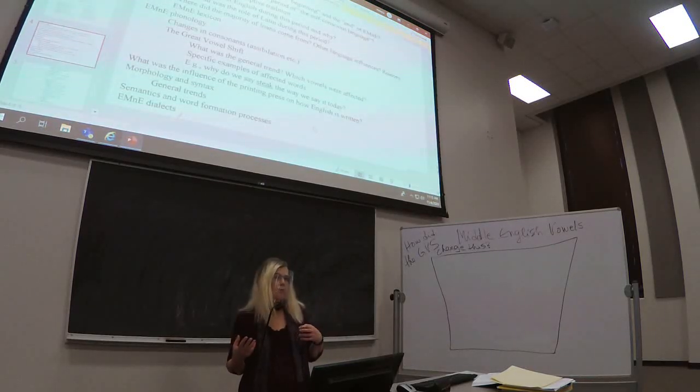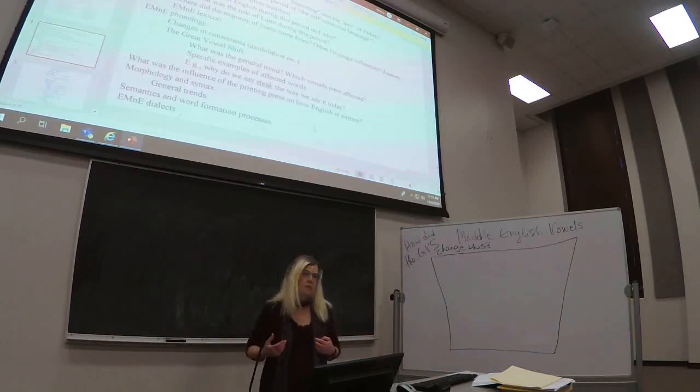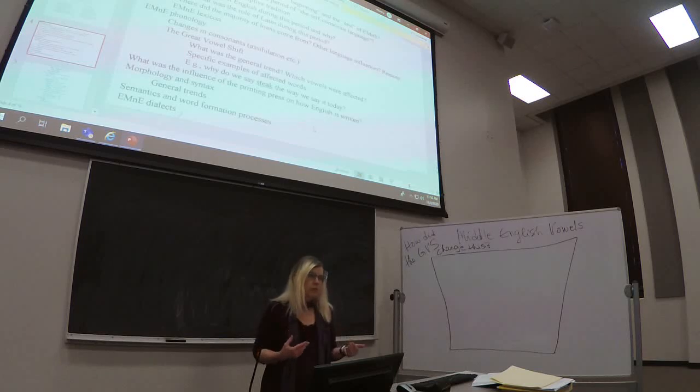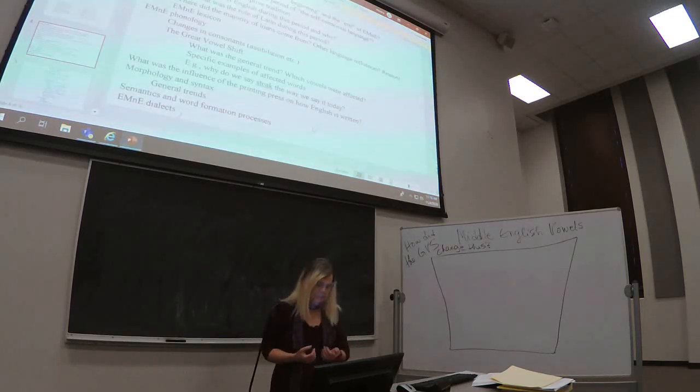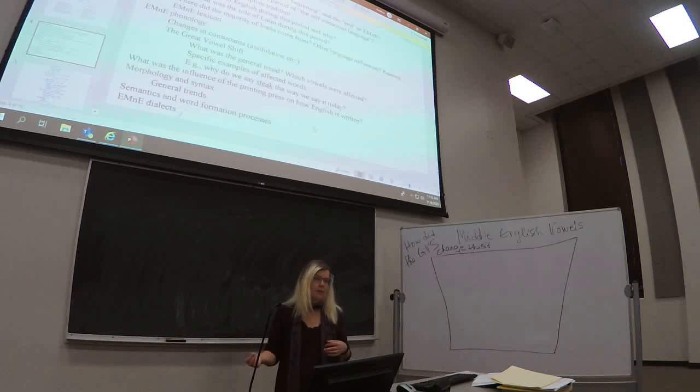Morphology and syntax were mostly affected during Middle English times. The greatest change to language during early modern English is the great vowel shift. What are the general trends? Of course, the general trend over the centuries has been the simplification of paradigms, and that continues in early modern English.